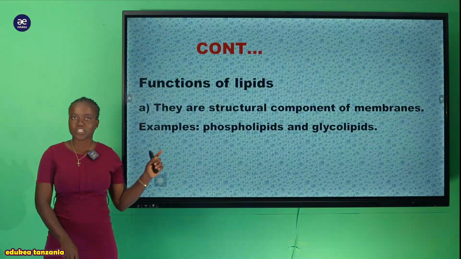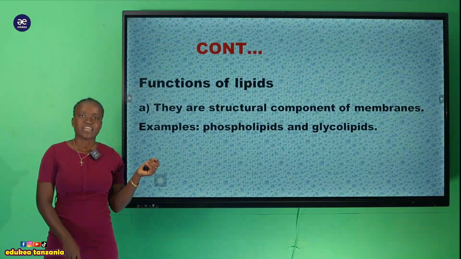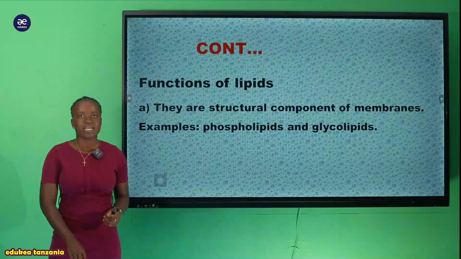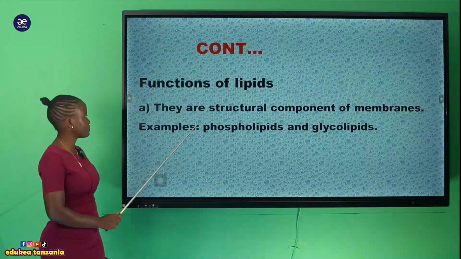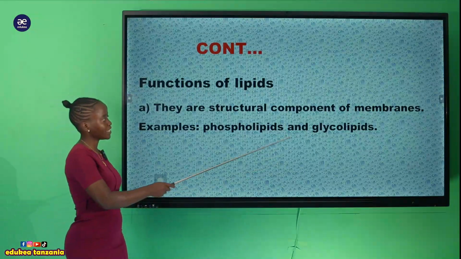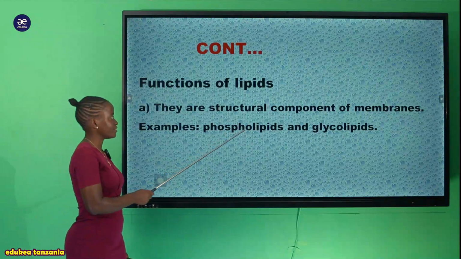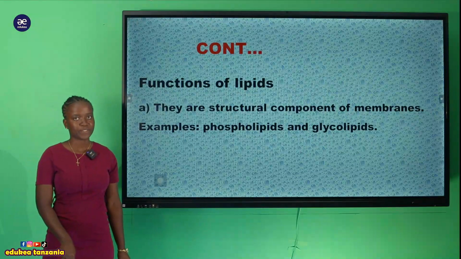Lipid tumeona structure zake, tumeona formation yake. Sasa hii lipid inakuwa na kazi gani? So now simply we can say that the first function of a lipid is that they are a structural component of a membrane. For instance, we have the phospholipid and glycolipid.